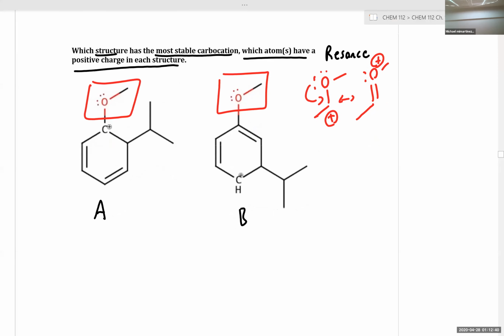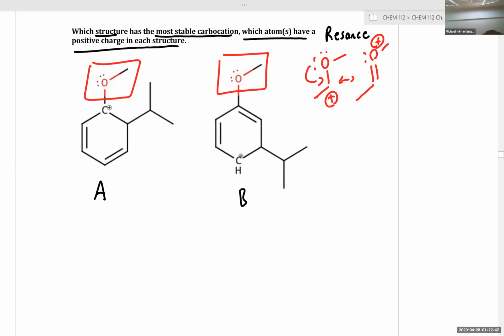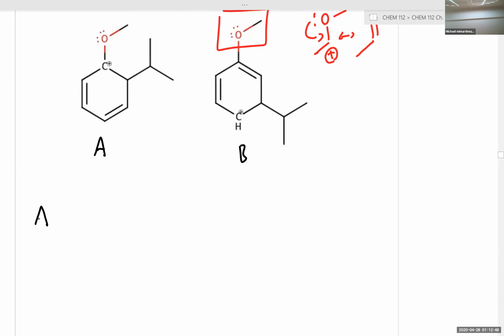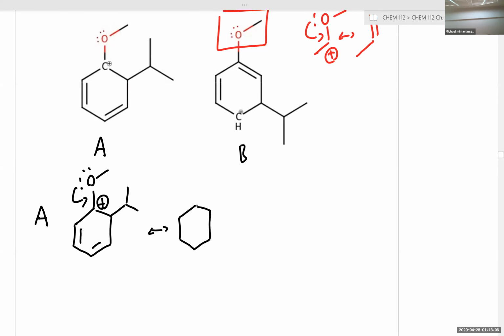Let's talk about this. So first things first, we are going to draw some resonance structures. So let's start with structure A. This time I'm not going to give the answer away right away. I'm going to make everyone have to observe all the resonance structures, and then we'll be able to draw our conclusions.